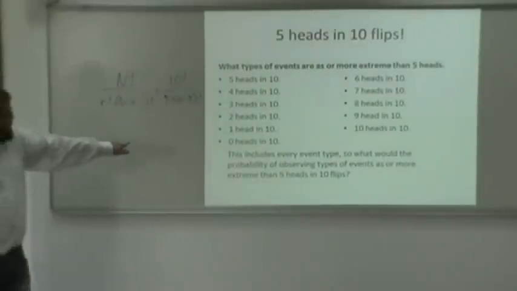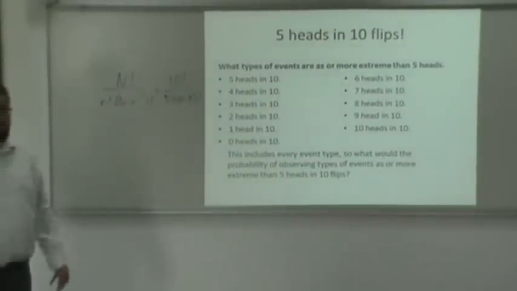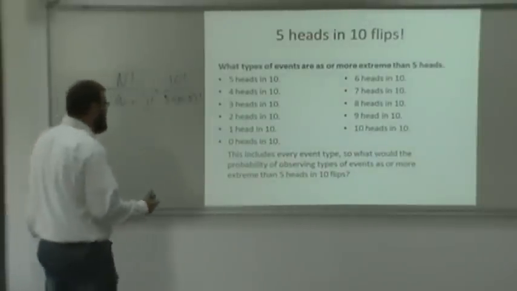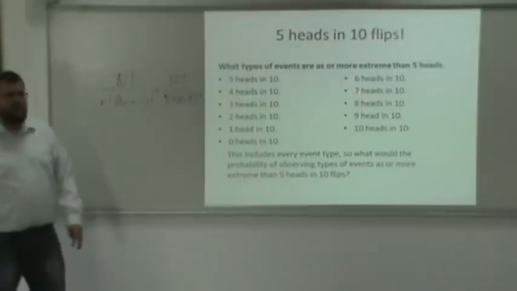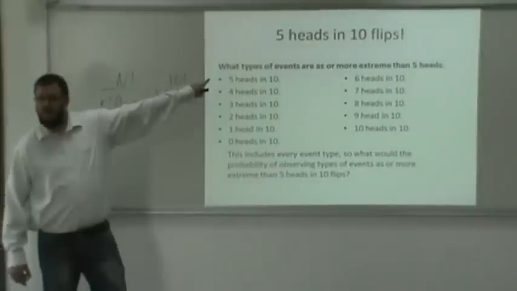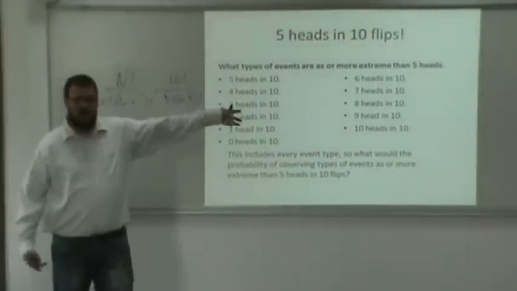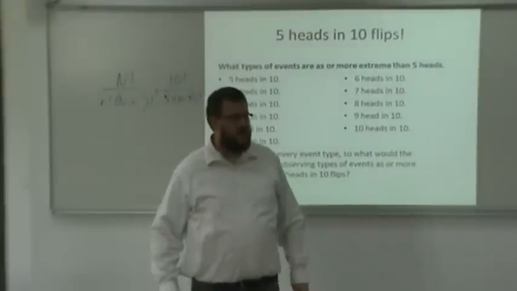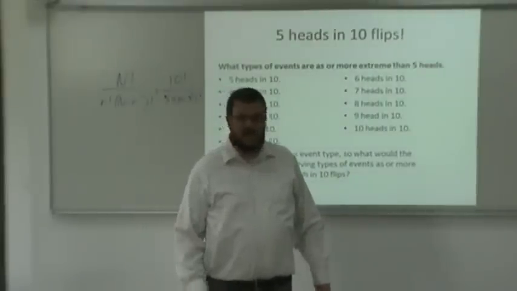Now notice that this includes every event type. So since we know that it includes every event type, what would the probability of observing events as or more extreme than this be? 1. 1, right? How do you know that? Because we have the answer in the first section that all of them add up to 1. That's right.